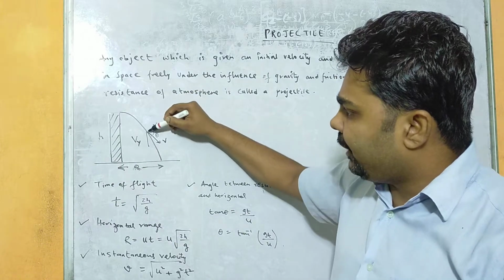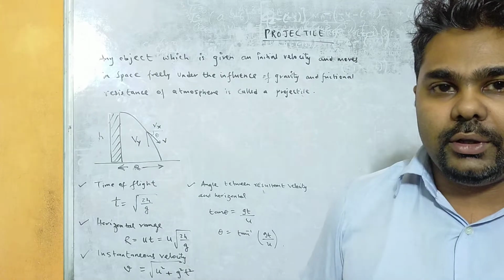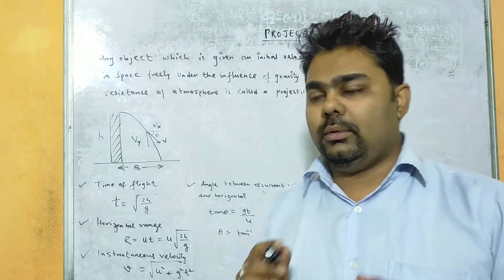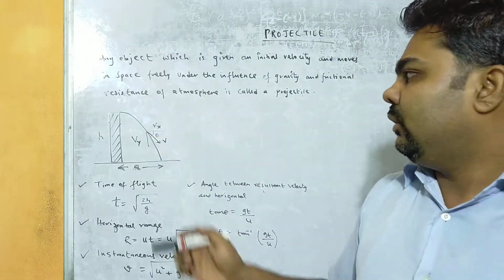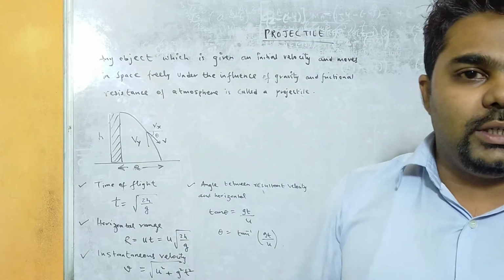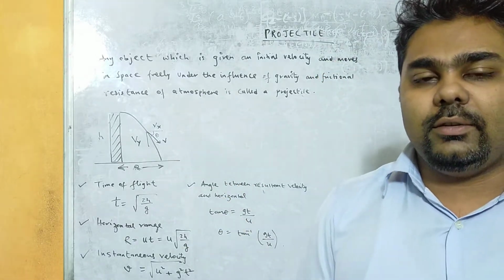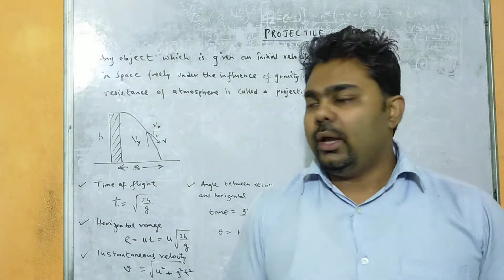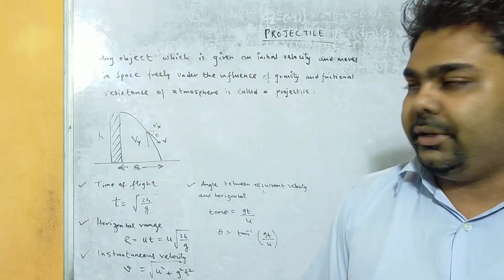Now at a certain point, it will have vertical velocity as well as horizontal velocity, but it has been seen in projectile that the velocity along horizontal is 0, because the object does not move horizontally, it falls vertically. So if the velocity along horizontal, Vx, is 0, therefore acceleration along horizontal will also be 0, and acceleration along Vy is acceleration due to gravity, right?